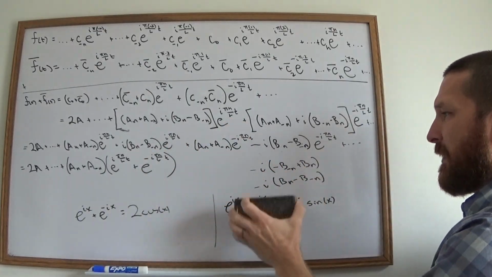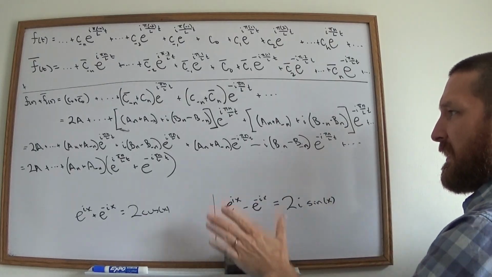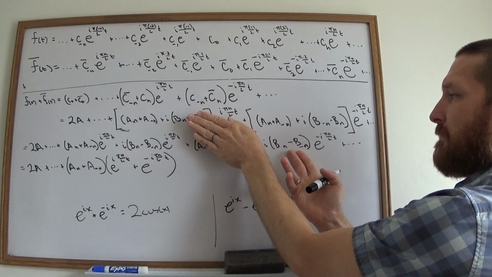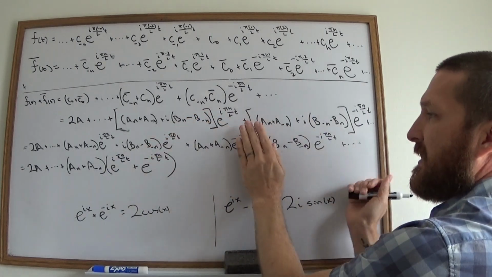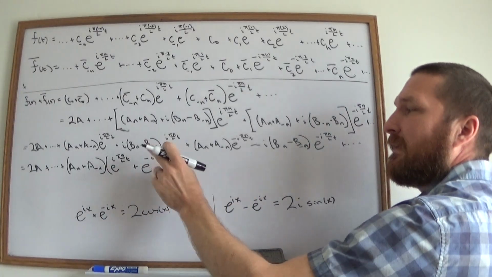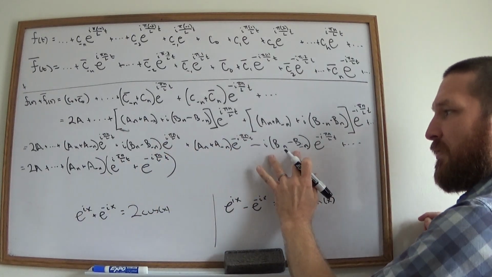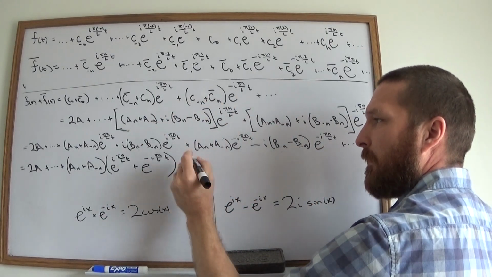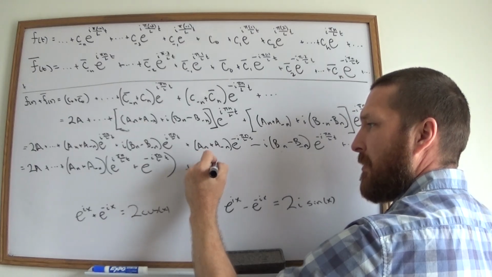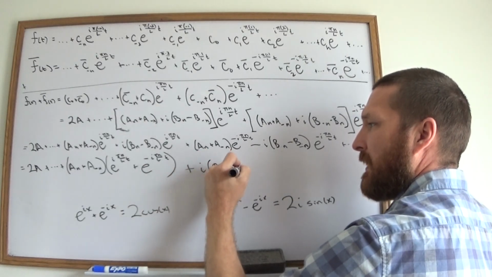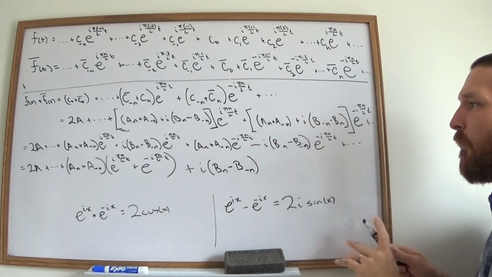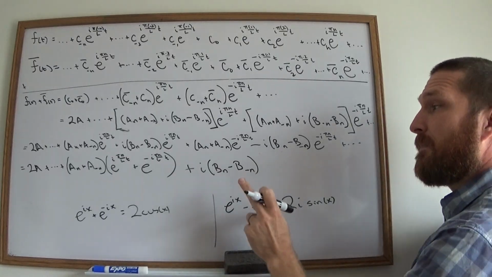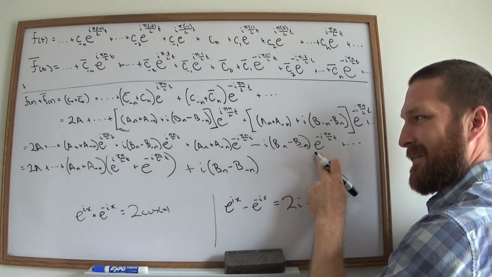And so forgetting about him right here, I could pull out that b n minus b negative n from both of these, and with the i, okay? So I'm going to pull out all of that, and what pops out is the i times b n minus b negative n, and what's left over is this plus this. I'm sorry, this minus this, yeah?